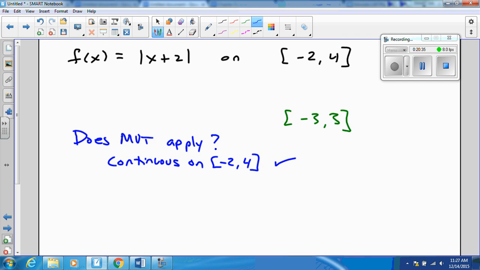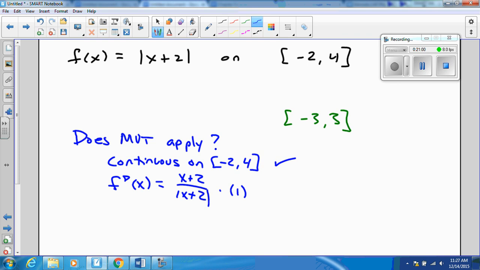The differentiable part, not quite so much. I might have to exhibit the derivative, right? So what is the derivative of the absolute value of x plus 2? Well, the derivative of the absolute value of x is itself over the absolute value times the derivative of the inside, which is 1. And so that gives me x plus 2 over the absolute value of x plus 2.